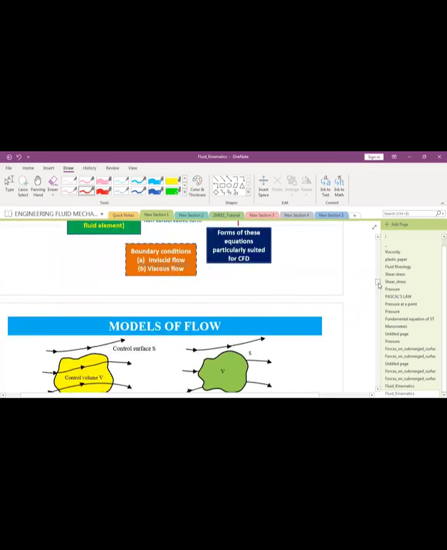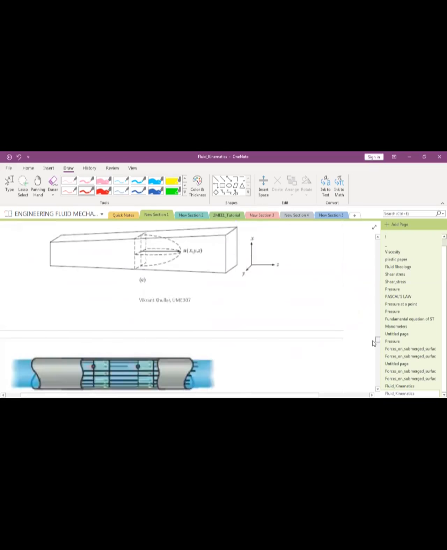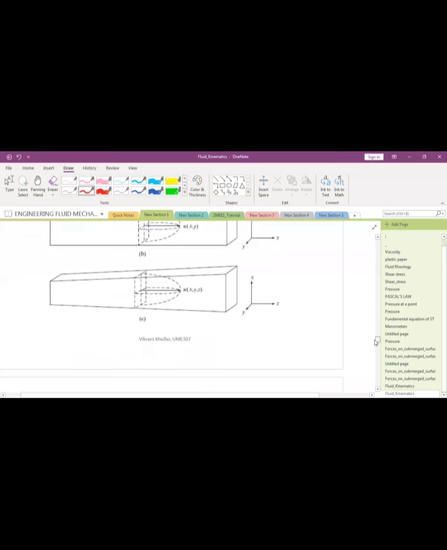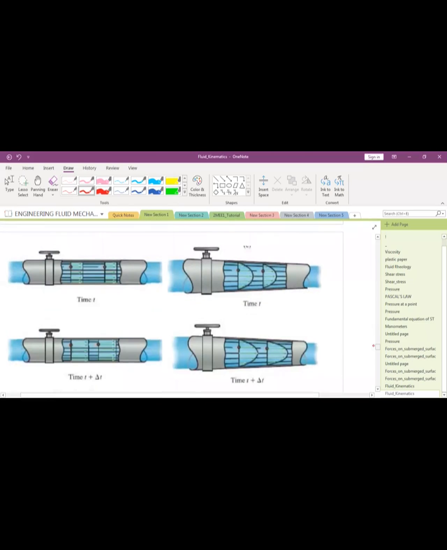So what does that mean? Say, I give you an example here. Say at time t, this was the fluid flow. Somebody suddenly closed it or opened it more.